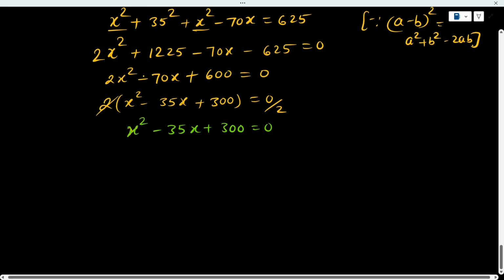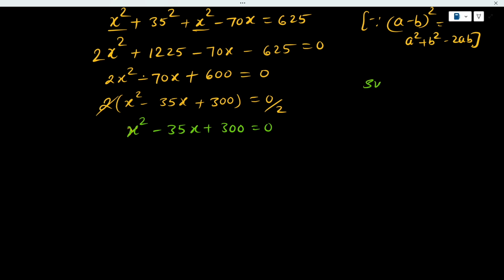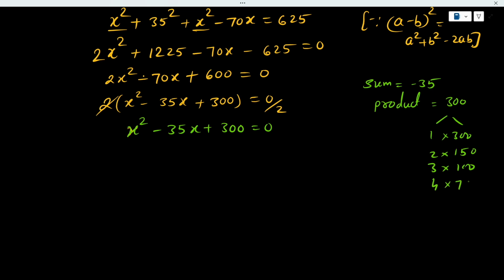So your sum is minus 35, right? I have to get two factors whose sum is minus 35 and product is 300. Now for 300, if I list the factors: 1 times 300, 2 times 150, 3 times 100, then 4 times 75, 5 times 60.